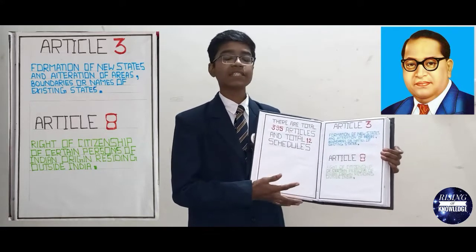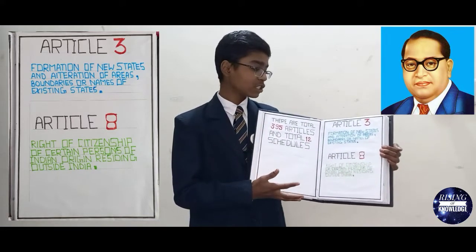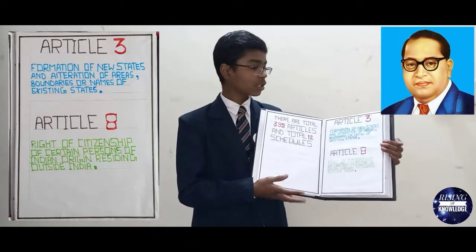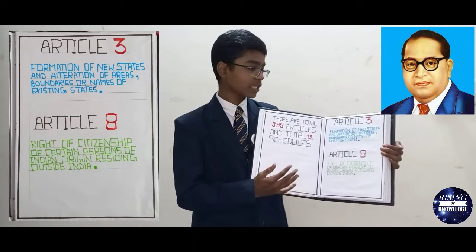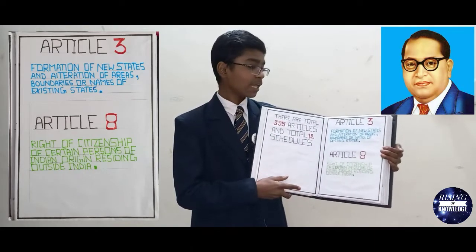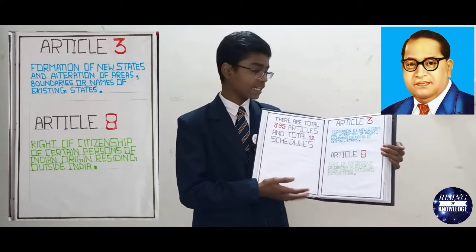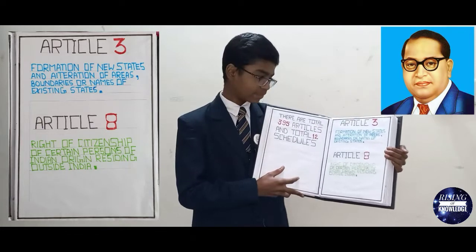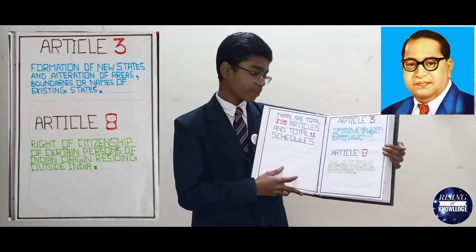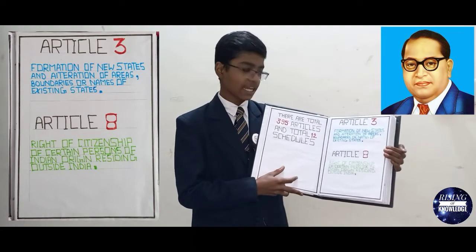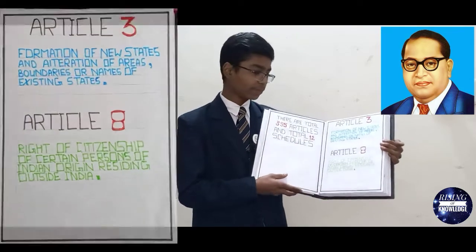This tells that we can change, or we can just get a new state. We can form a new state and change the name of the existing areas. Article 8, right of citizenship of certain persons of Indian origin residing outside India.